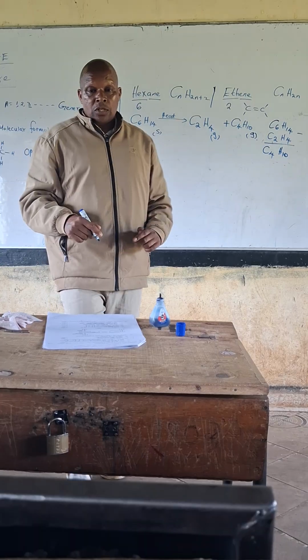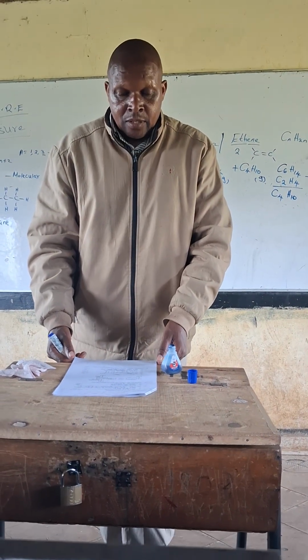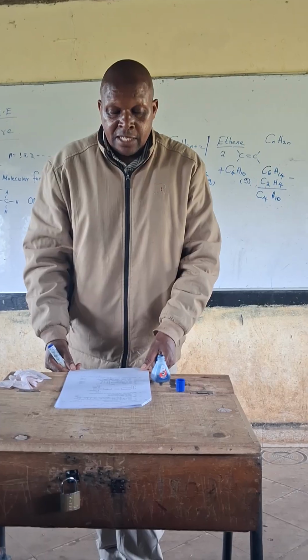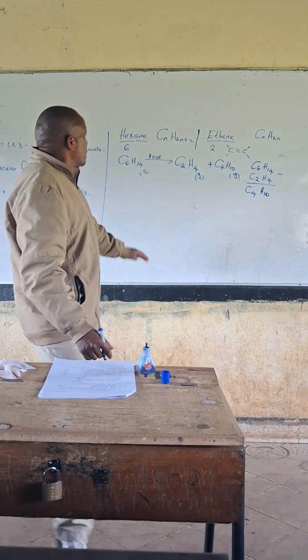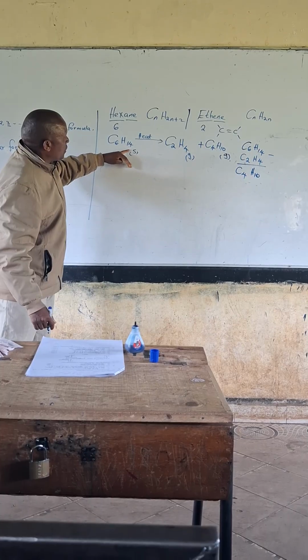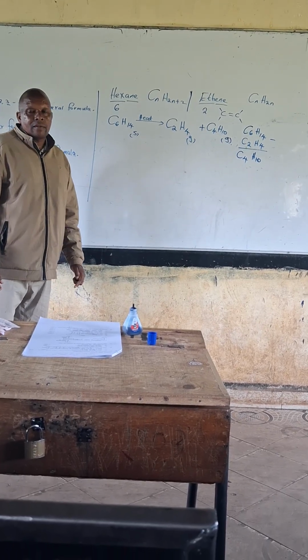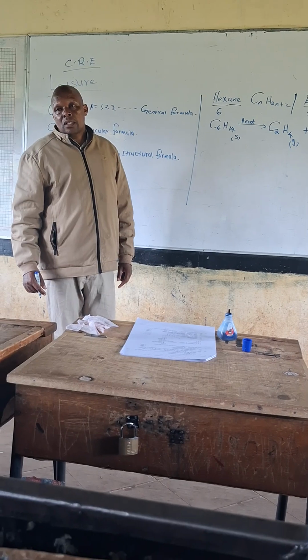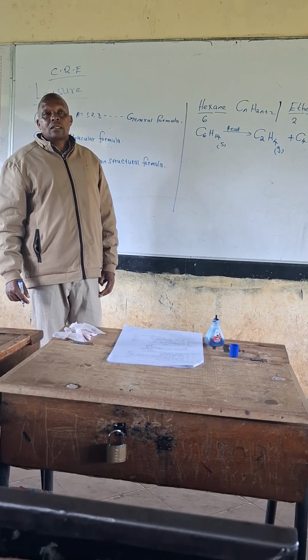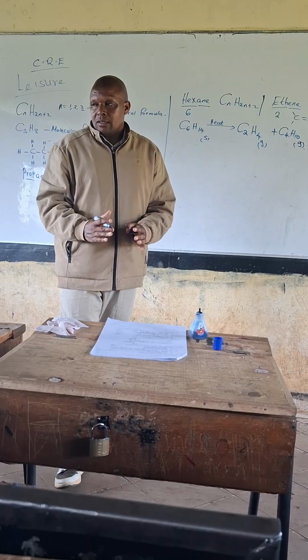Let us do the last question related to that. Name the process described in B. Which process has been shown by this equation here? C6H14 gives C2H4 plus C4H10. That is what? Cracking. Are we together? So the general term is cracking.